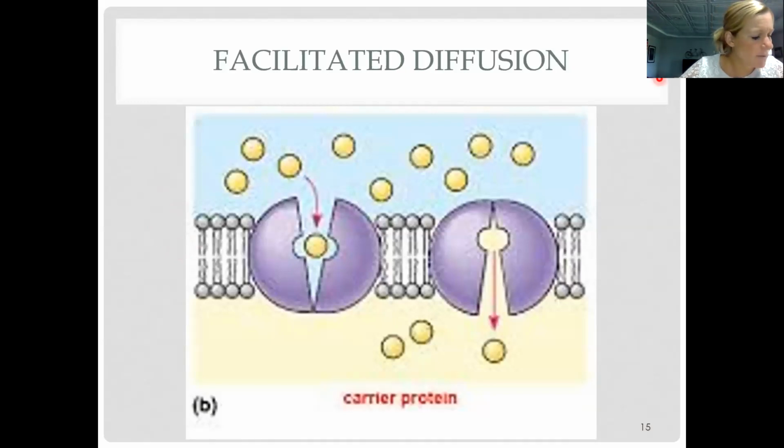So facilitated diffusion, this is how fructose is going to move. Basically, imagine that this blue part out here is inside the small intestines, and imagine this yellow section down here, sorry that these are a little bit blurry, is where the blood supply is. My goal is to move these molecules from the blue area into the yellow area.